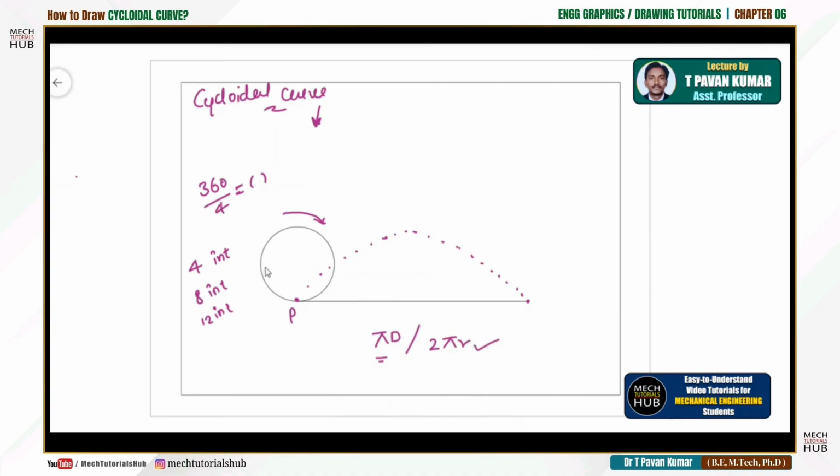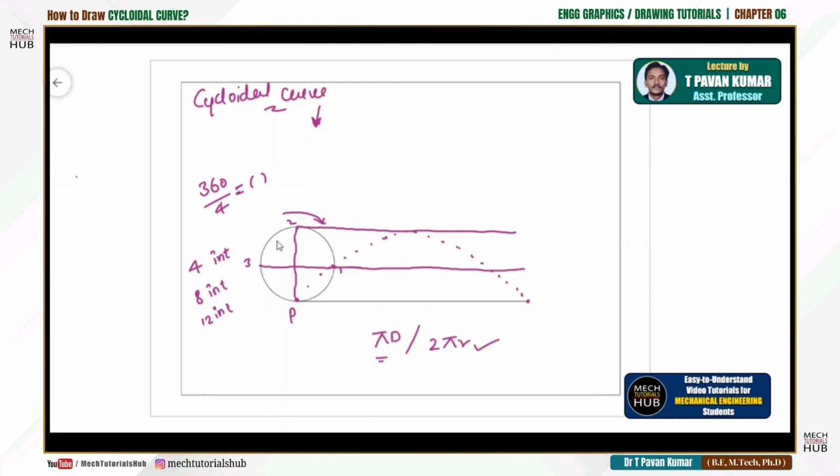Now let me divide this particular circle into 4 parts. Let me call this the first part, second, third, and this becomes the 4th one, or else the 0th one. Accordingly, we need to draw a tangential line for whatever divisions you made. Accordingly, you will get the intersections.